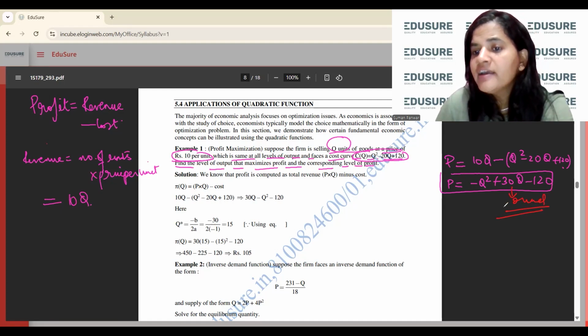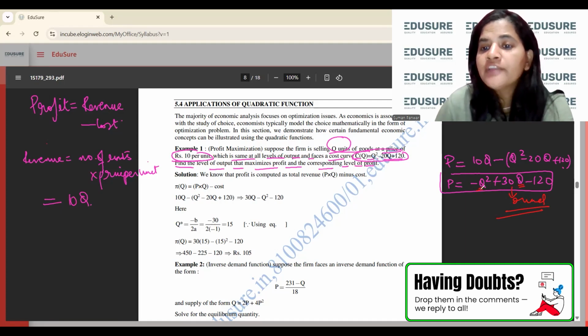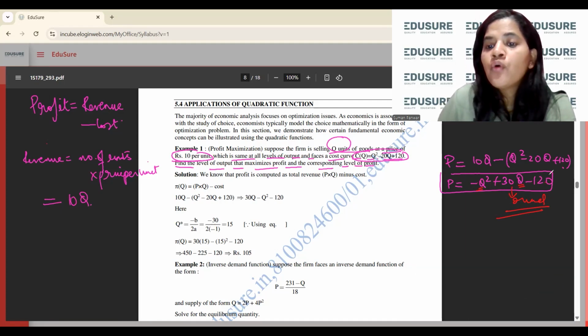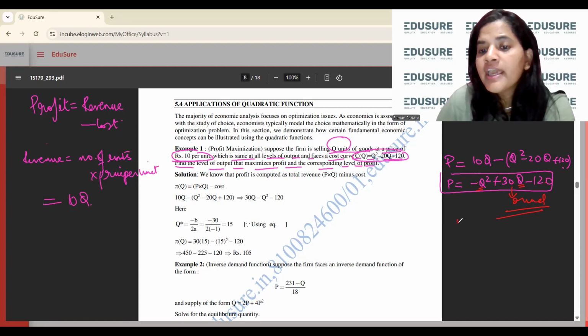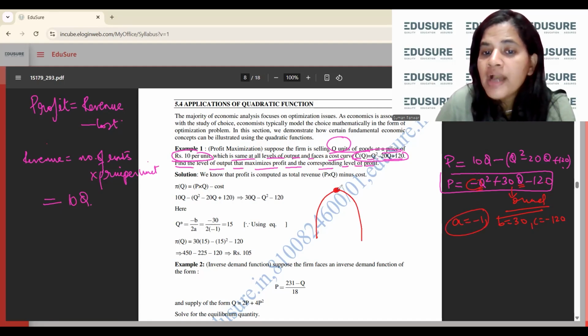You can see that the variable involved is q, which is the number of quantities sold, and the coefficients are minus 1, 30 and minus 120. So A is equal to minus 1, B is equal to 30, C is equal to minus 120. So what kind of graph are we going to get? We are going to get an inverted graph because A is negative, and we are going to have a maxima at this particular point.